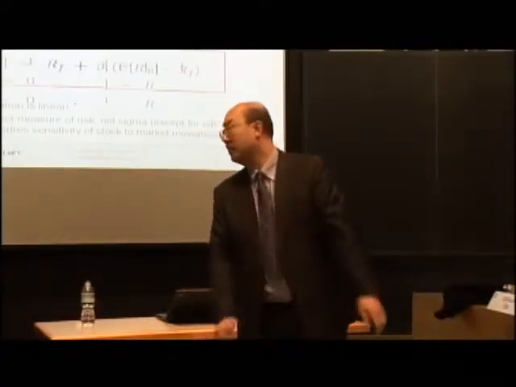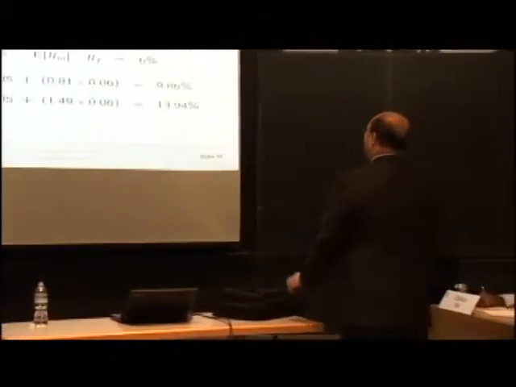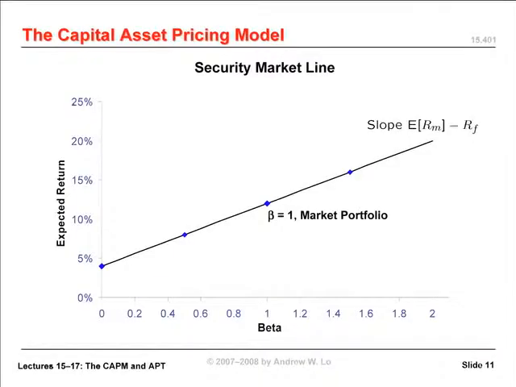No, okay. All right, so here's an example of the security market line at work, and the slope of this security market line is, of course, the expected rate of return on the market minus the risk-free rate. And the idea behind the security market line is that no matter what your beta is, you've got a required rate of return that's determined by this slope.